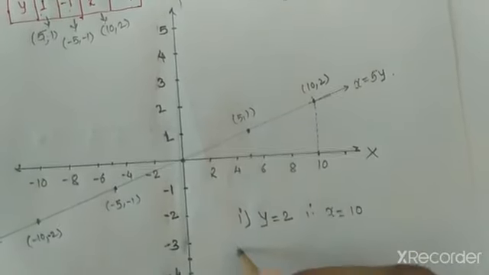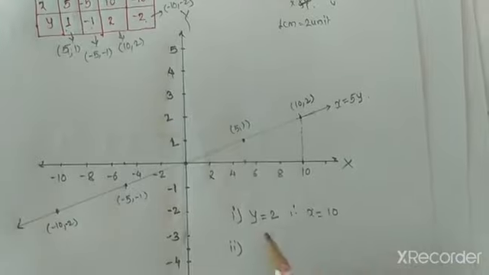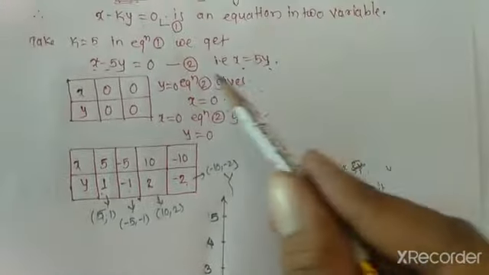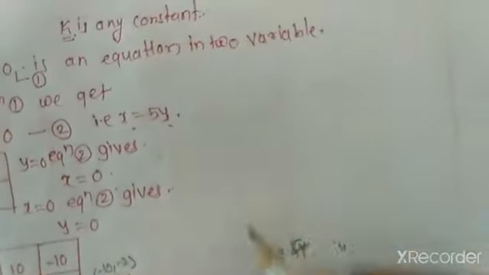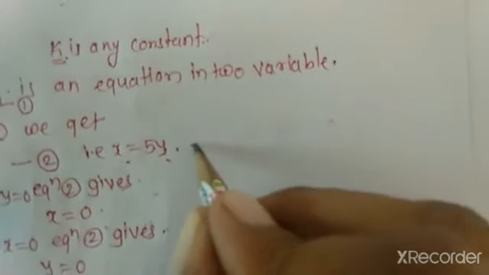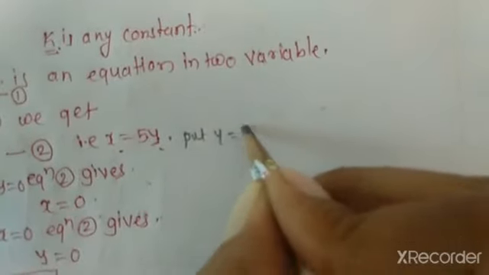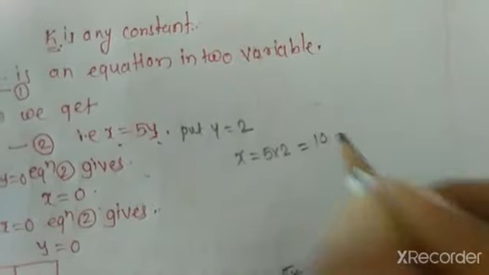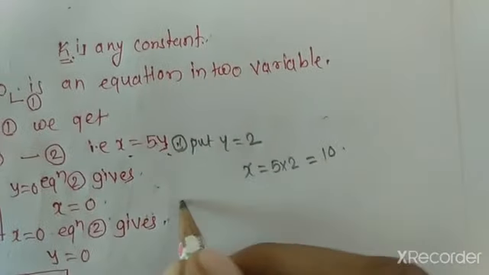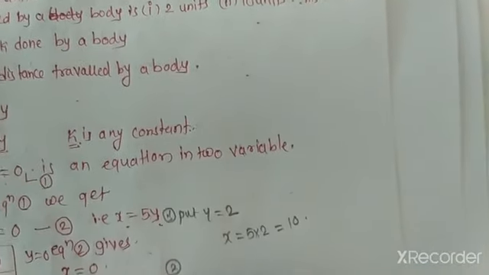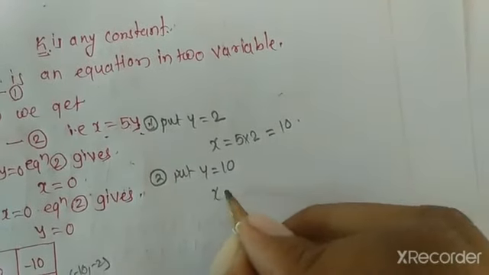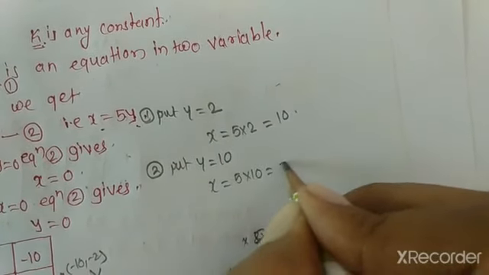So for the first, y is equal to 2 gives x is 10, or you may take the equation x is equal to 5y. We put y is equal to 2 in this equation, so x will be 5 into 2, which is equal to 10. This is our first. For the second, we put y is equal to 10, so x is equal to 5 into 10, which is equal to 50.